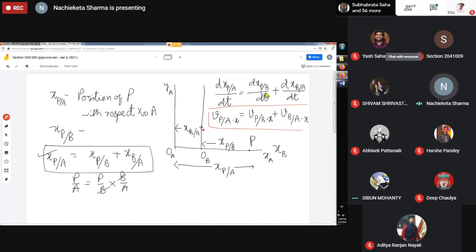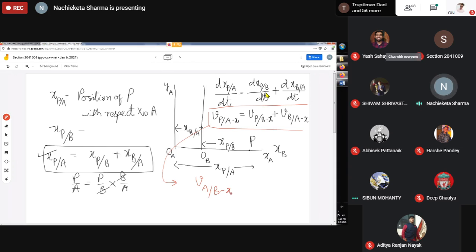Now it is very easy, because you could write this equation in one dimension, and now you can write this equation in the other dimensions also. Now you see, you have expressed the x velocity of B with respect to A. Suppose you want to find the x velocity of A with respect to B, then that will be the negative of the other one.